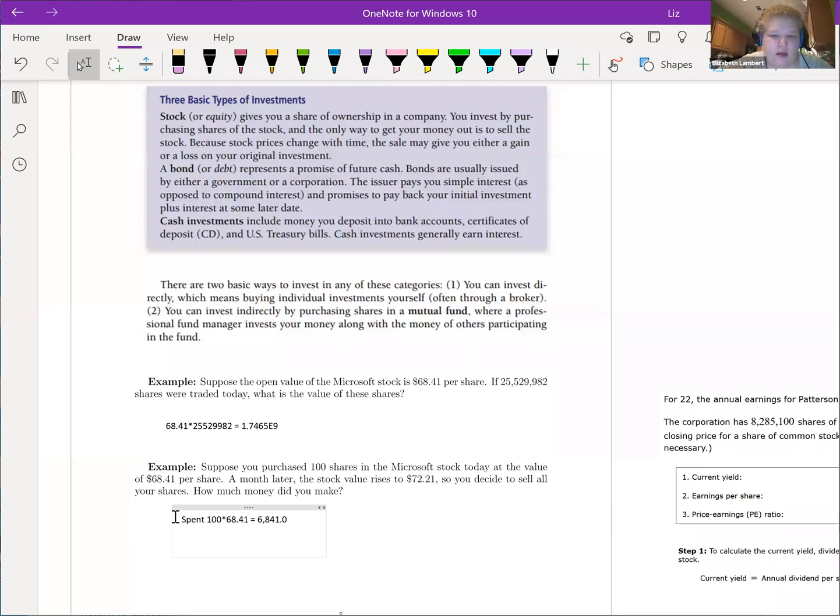And then we earned 100 times 72.21. And now we're just going to subtract these. $380.